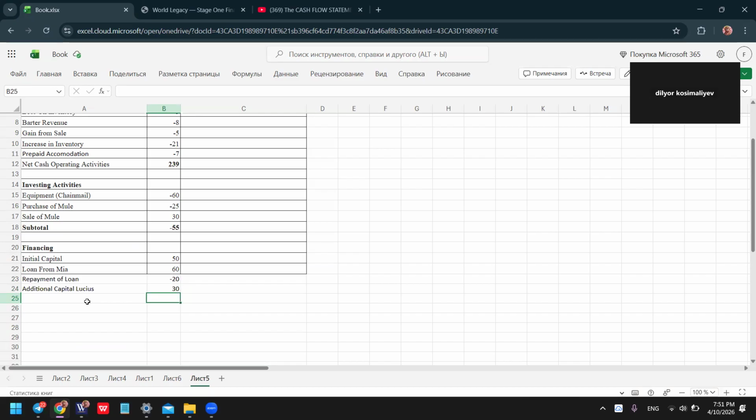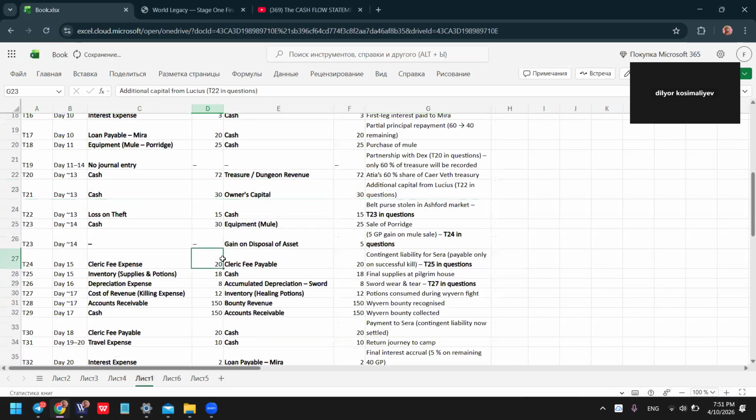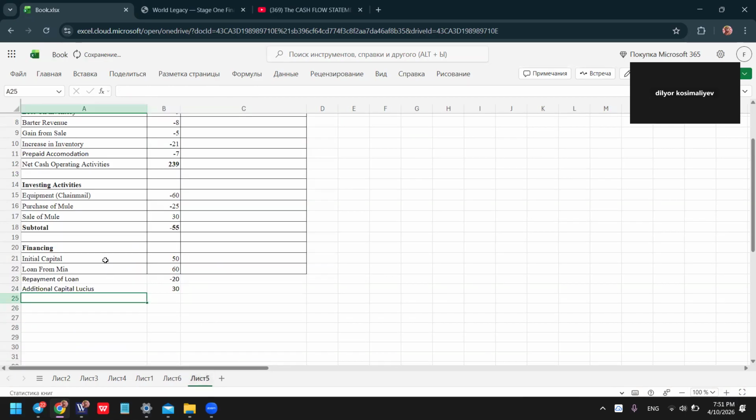And now it must be it. So now we calculate the total. So total for financing activities. It's 110. So let's see.